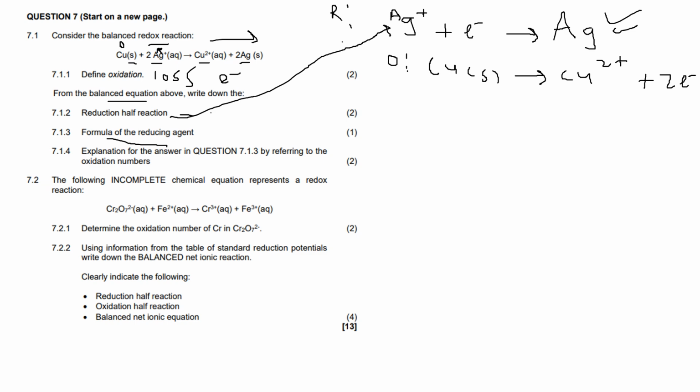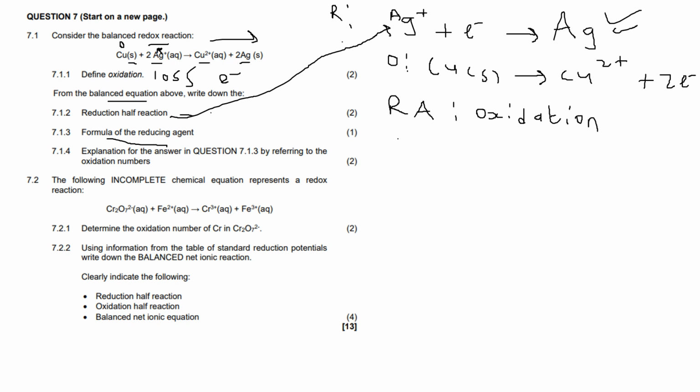Always remember the reducing agent, I'm going to write RA now. The reducing agent is the one undergoing oxidation. So the reducing agent is the element that is undergoing oxidation. Whoever is undergoing oxidation, that element becomes your reducing agent.